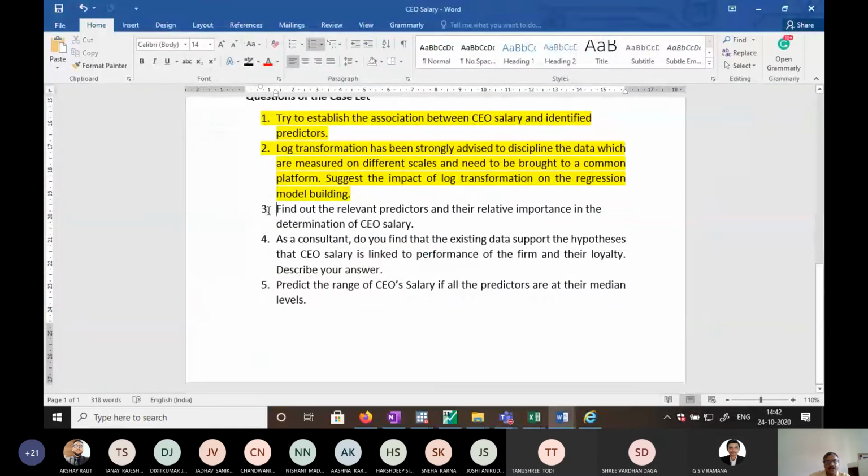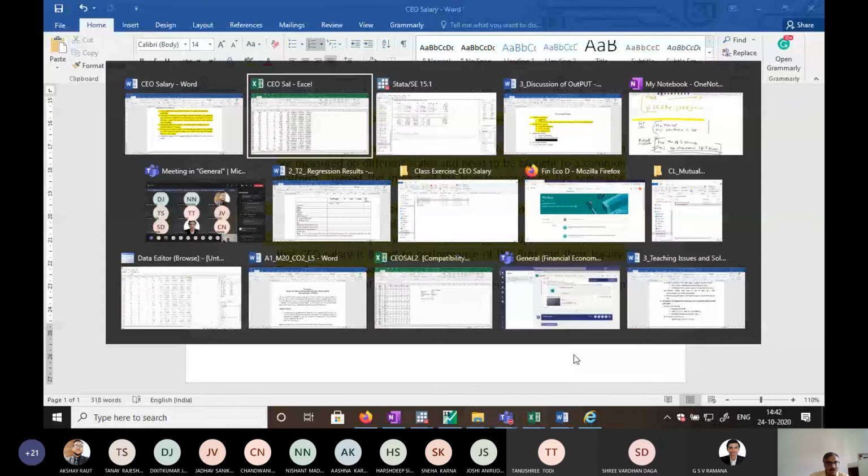Let me complete this whole thing as I go through the caselet. We have done the relevant predictors. What we have found practically is that all are relevant. As a consultant, do you find that the existing data support the hypothesis? Yes, it is supporting. And when we ask what is given more importance, loyalty or performance, going through the comparative assessment, we find the most important thing is sales, and the least important is also something related to performance.